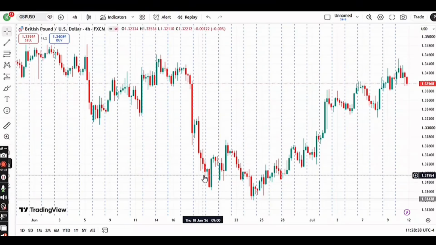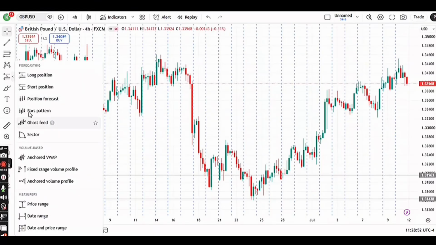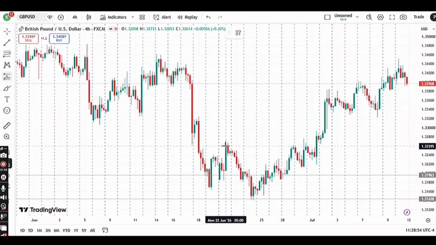Now, many traders would have entered this particular trade the moment it returned at this particular point to retest that support zone. Now, let's say for instance, you entered the trade at that particular point. Let me just show it.